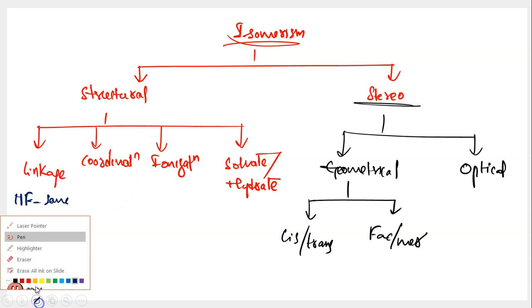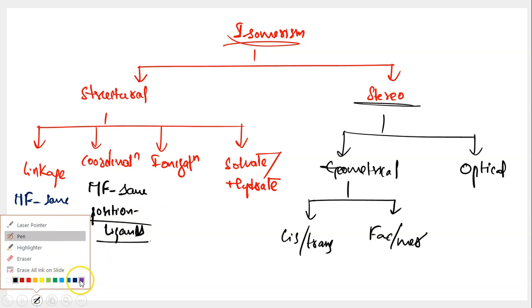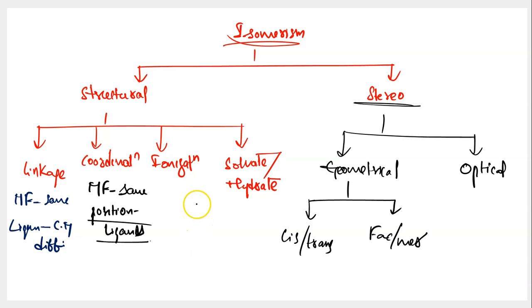In coordination isomerism, again the molecular formula of the isomers is the same, but you interexchange the position of the ligands between 2 complexes. The next one is ionization isomerism.